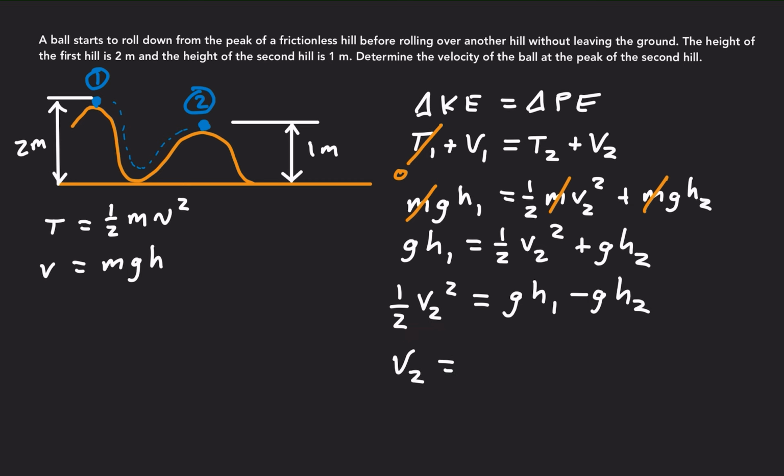So v2 is equal to the square root of 2 times g times (h1 minus h2). I'm going to rewrite this over here.